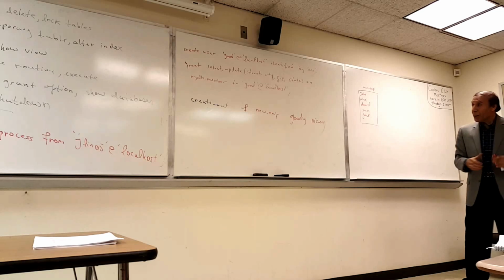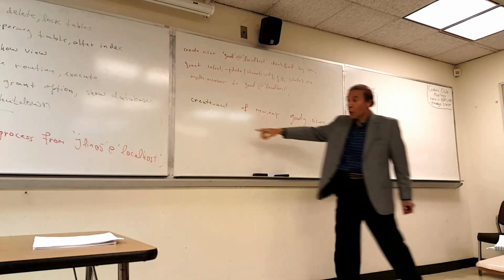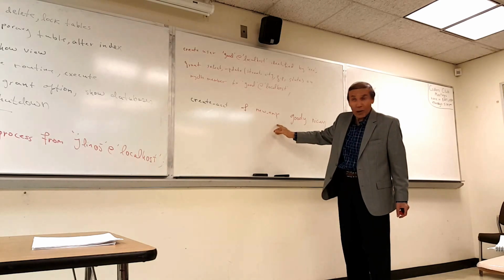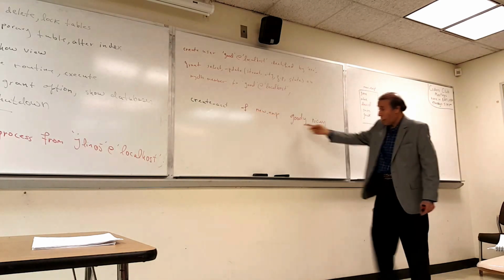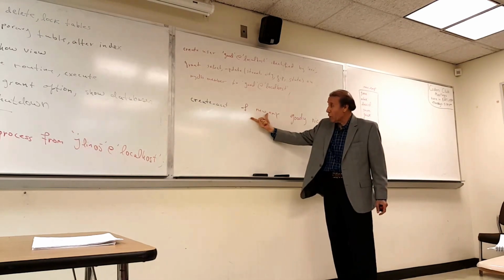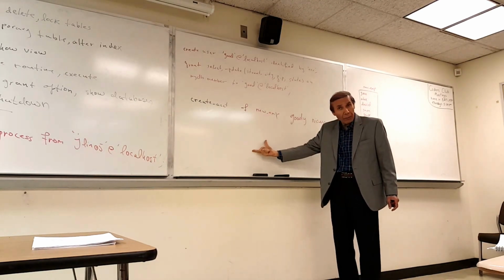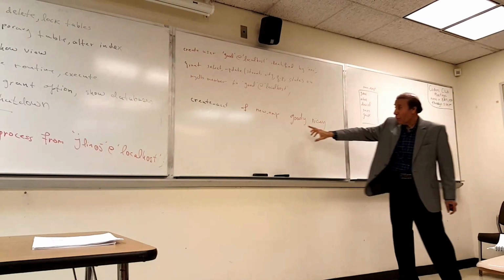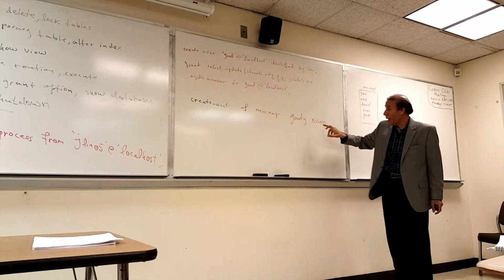Following? So our program also should be able to do it. Understand? So what this line does is very important. This line creates accounts for all of these people, plus for Goody and Nicey.